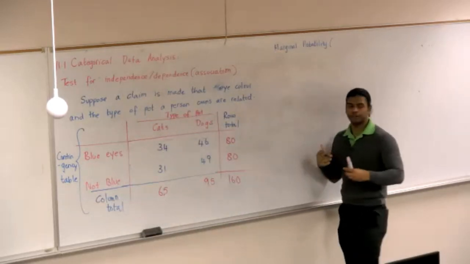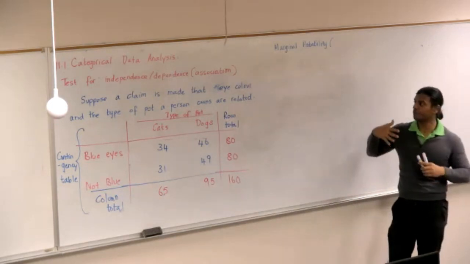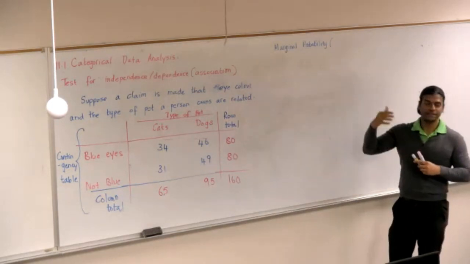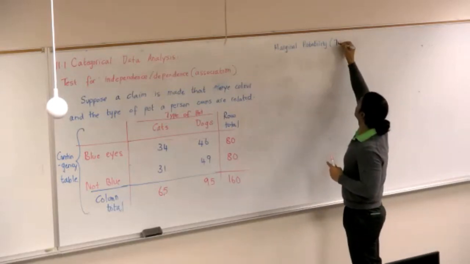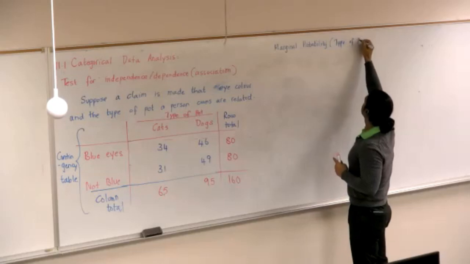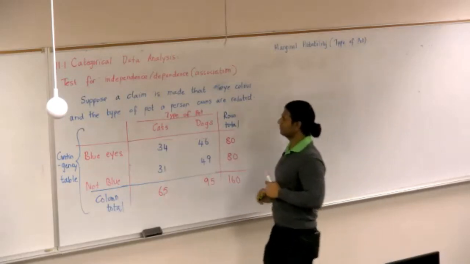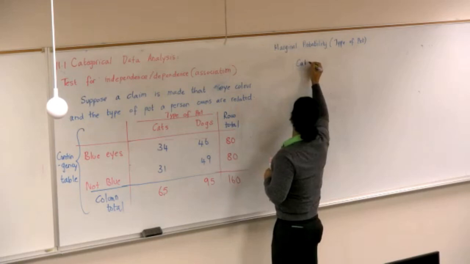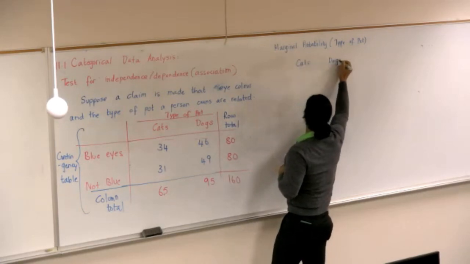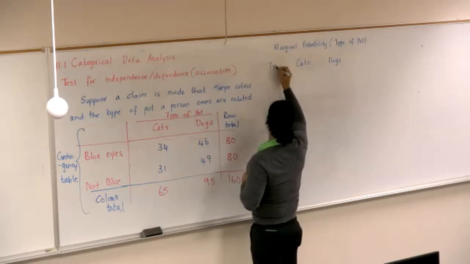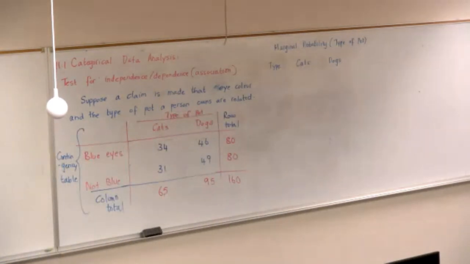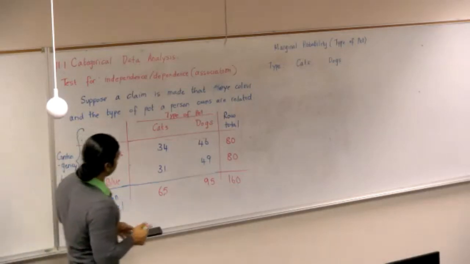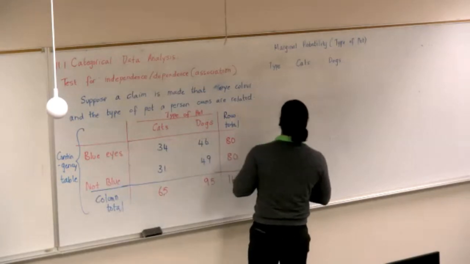I'm going to come up with a marginal probability for the type of pet. Then I'm going to come up with a marginal probability for eye color. The type of pet has two levels. One is cats, the other dogs. And we have defined corresponding probabilities.